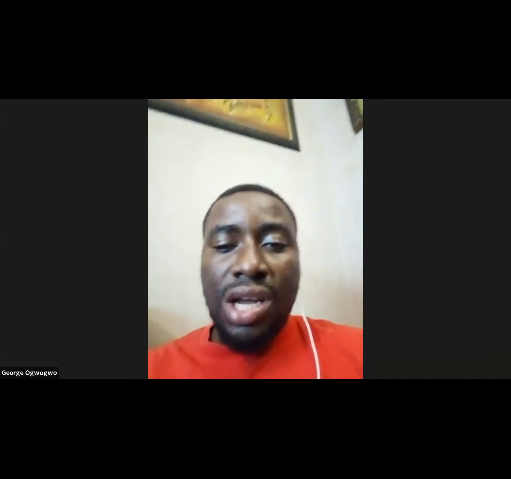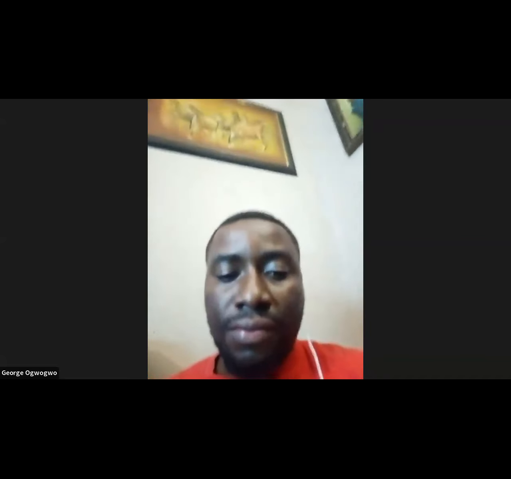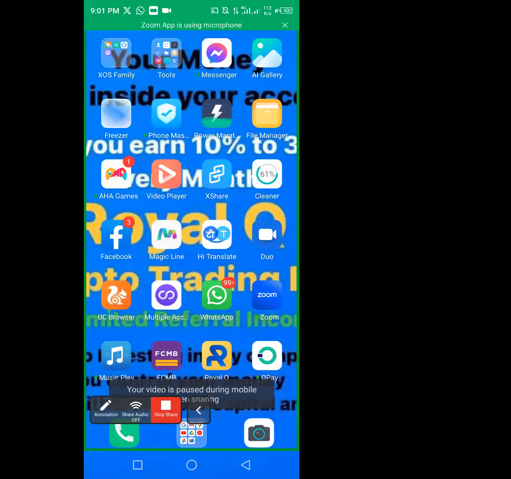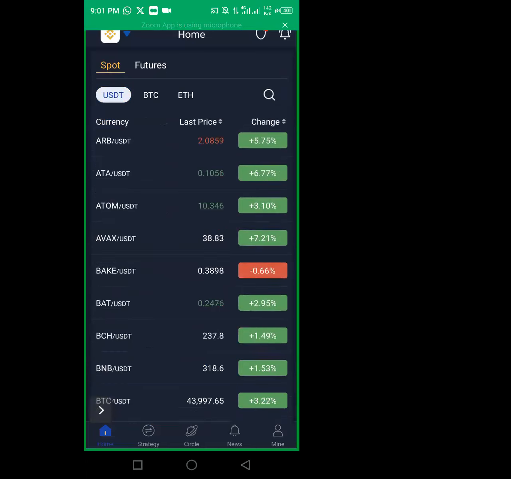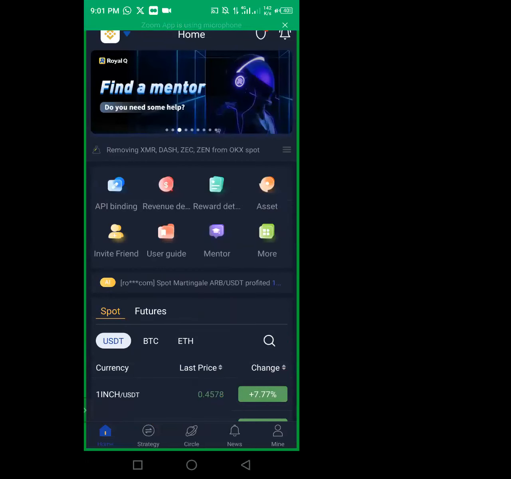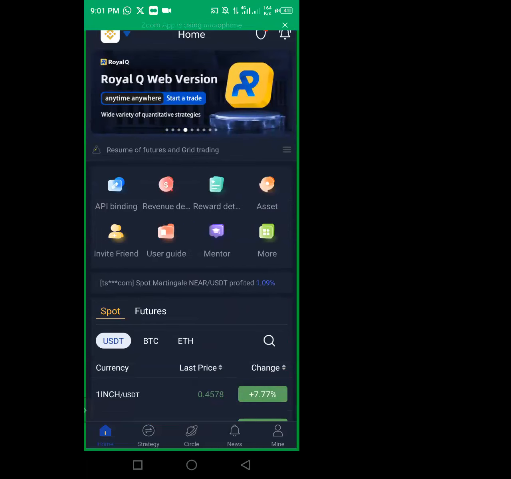Okay. So I've already explained the basics on which Royalq was designed, and I will share my screen now. So these are Royalq, a very genuine business.